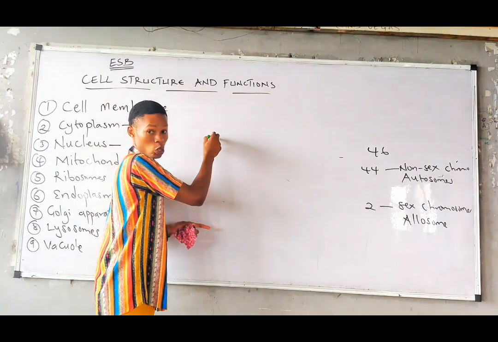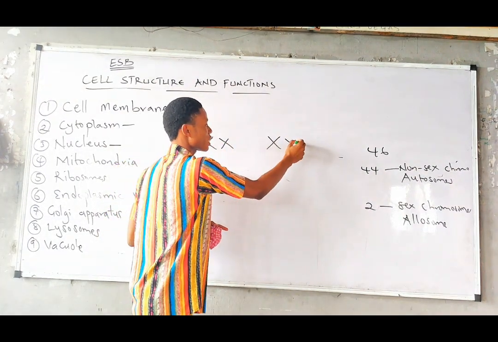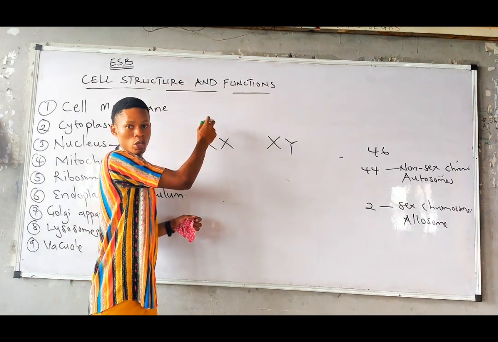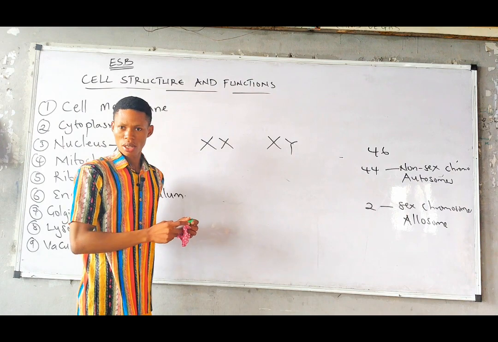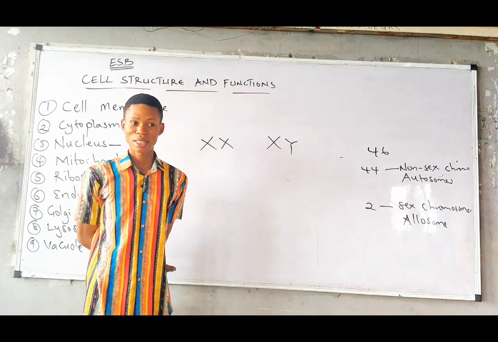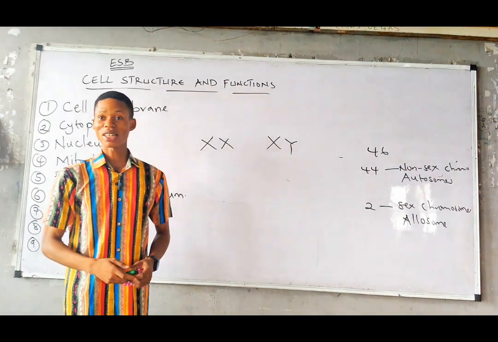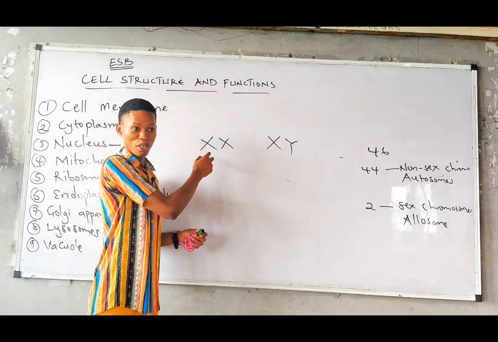Now, we said we have 2 sex chromosomes, right? It can either be XX or XY. XX is the karyotype for which people? Is it male or female? XX is female.